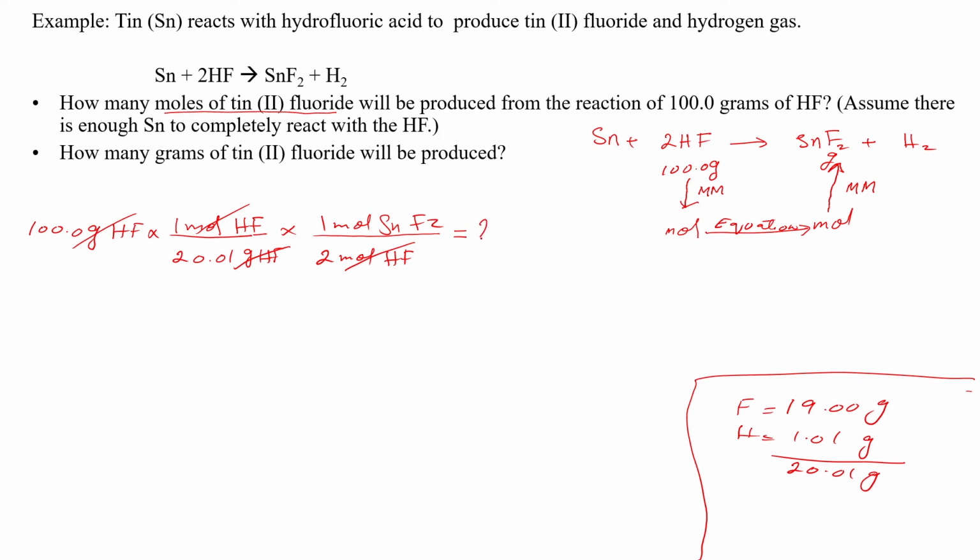And I have 2.4987 moles of tin 2 fluoride. If you have to round it to the proper number of sig figs, it is going to be 4 sig figs, right? So this is going to be your 4 sig figs under this.